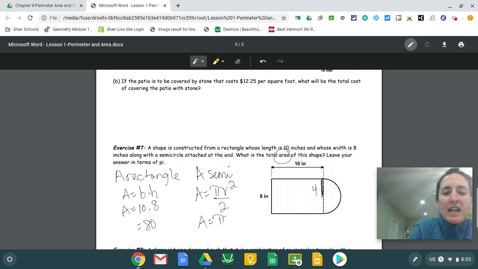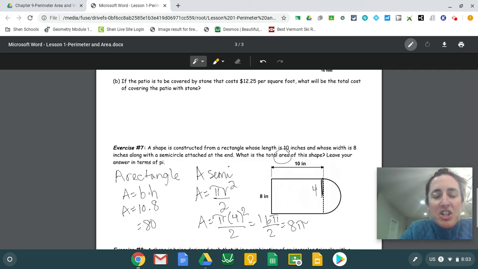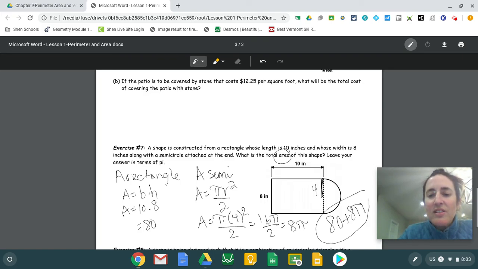I'm going to do pi times 4 squared divided by 2. 4 squared is 16. Pi divided by 2, or 8 pi. Now, the question says, leave your answer in terms of pi. So if I take the 80 from the rectangle and add the 8 pi together, 80 plus 8 pi is my answer. Oh, that was a fun problem there.